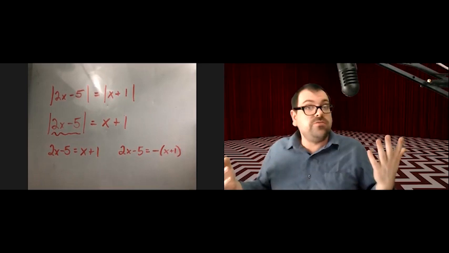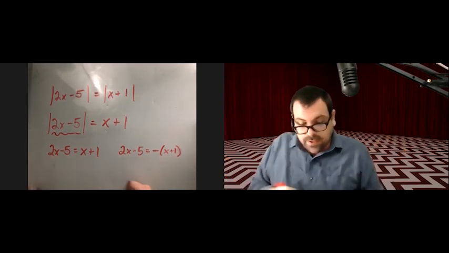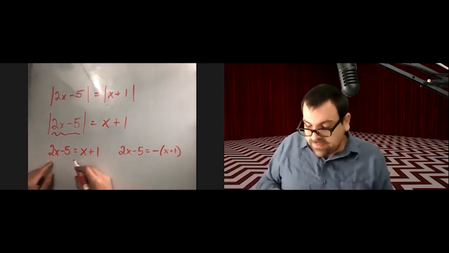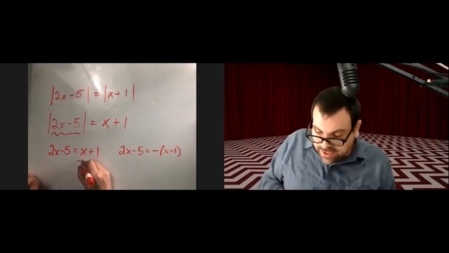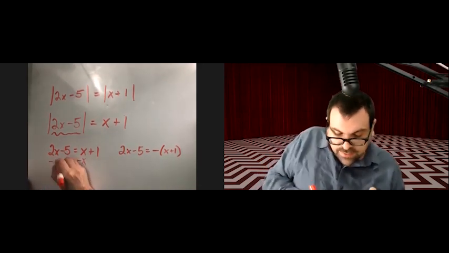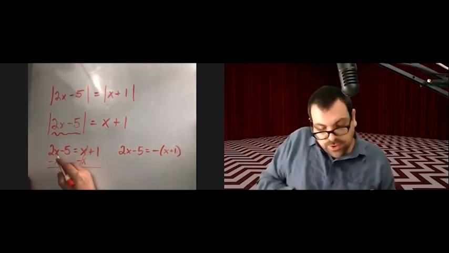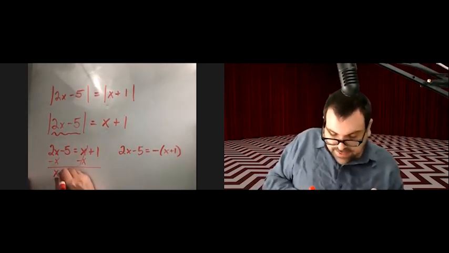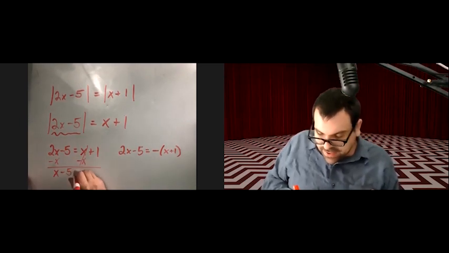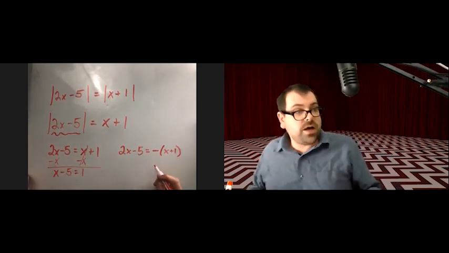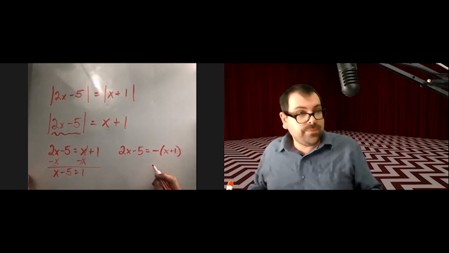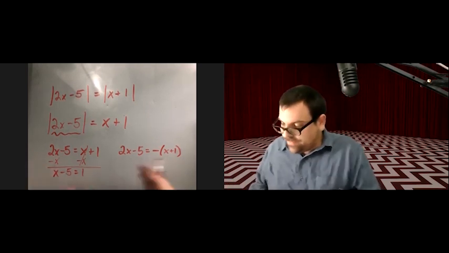From here, we just solve both. So 2x minus 5 equals x plus 1. I can subtract x from both sides. 2x minus x is x. So x minus 5 equals positive 1. I'll come back here.